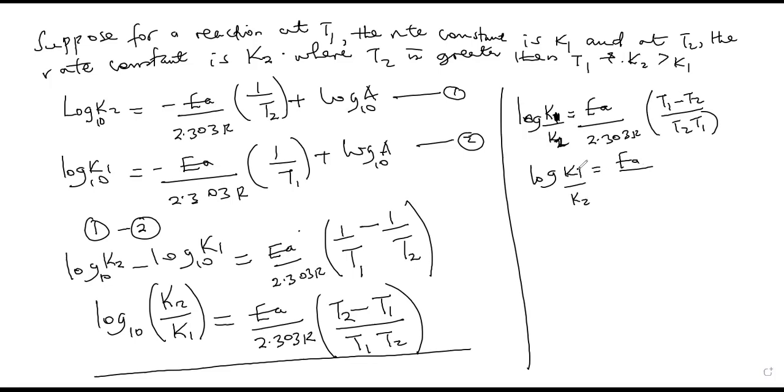But if it is K2 over K1, it is the same as that. So you can have this or this, depending on the values that will be given.